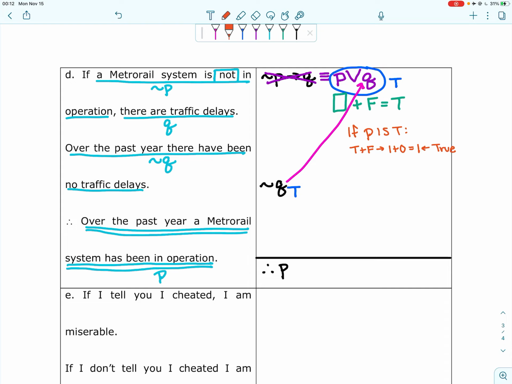But let's see if P could be false, because if P can also be false, then we've run into a problem. So if P is false, what happens? Then we have false plus false, which is 0 plus 0, which is 0. And that's false.